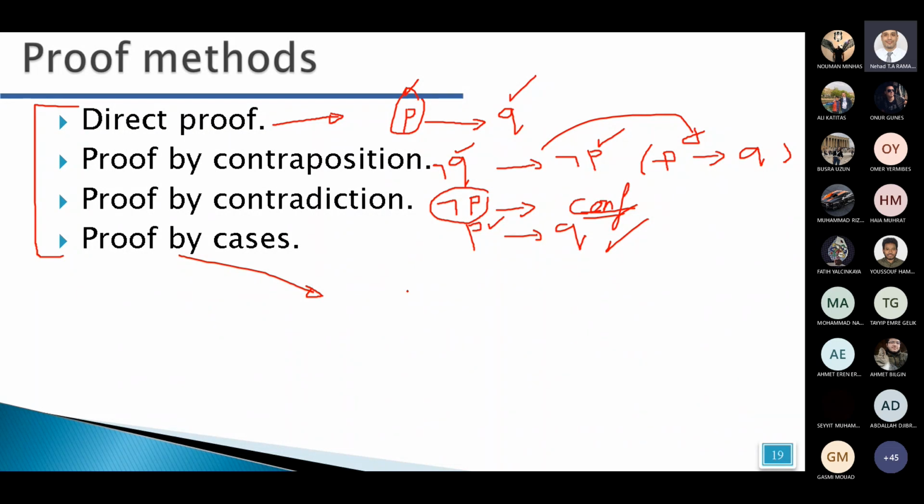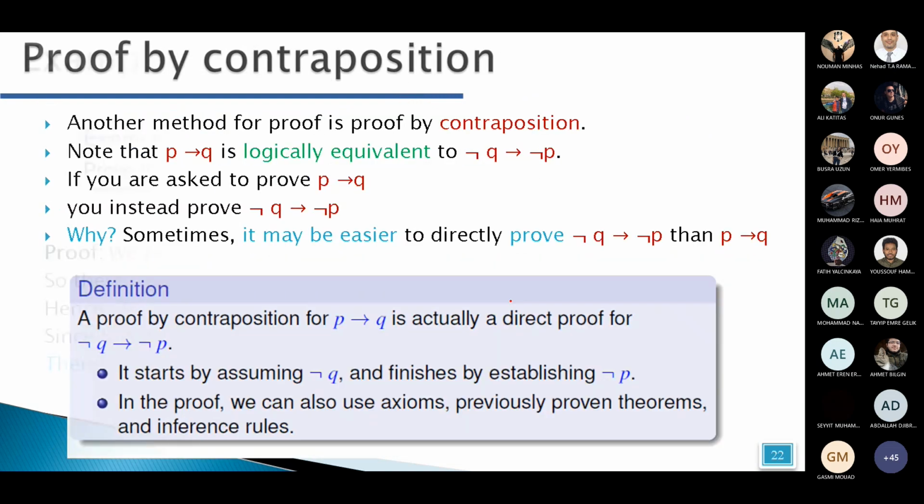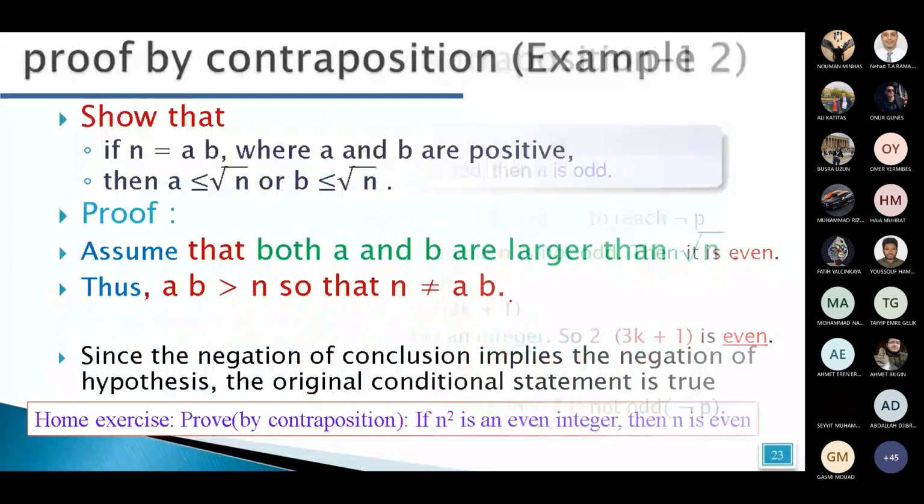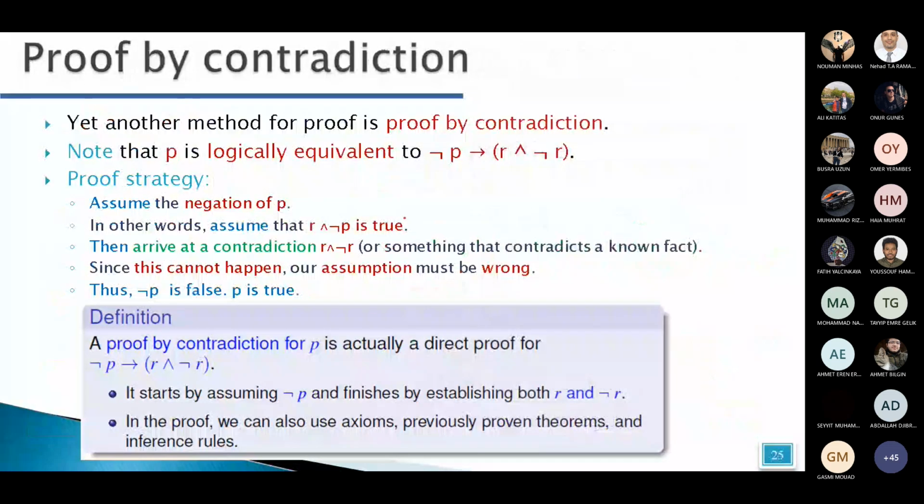We will take examples. So let's continue with proof by contradiction. I think we stopped here. Okay, so I will start from the beginning, proof by contradiction.